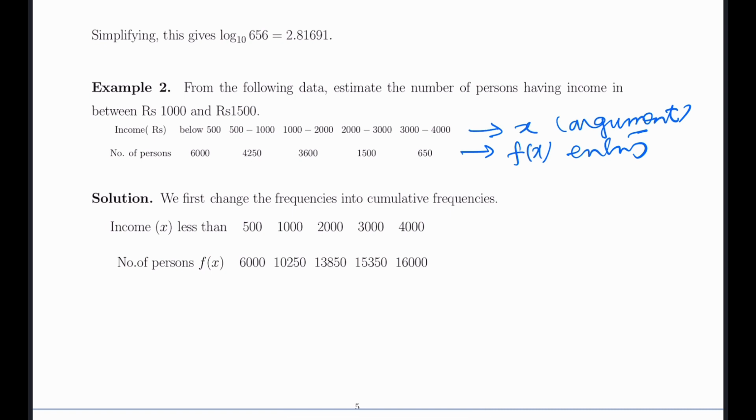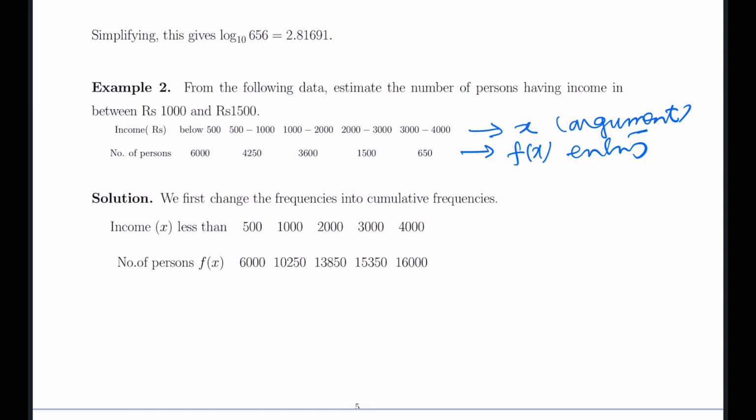To solve this, we first change the frequencies into cumulative frequency. Income below 500 is 6000. The number of persons having income between 500 and 1000 is 4250, so the number of persons having income less than 1000 is this plus this, which is 10,250.